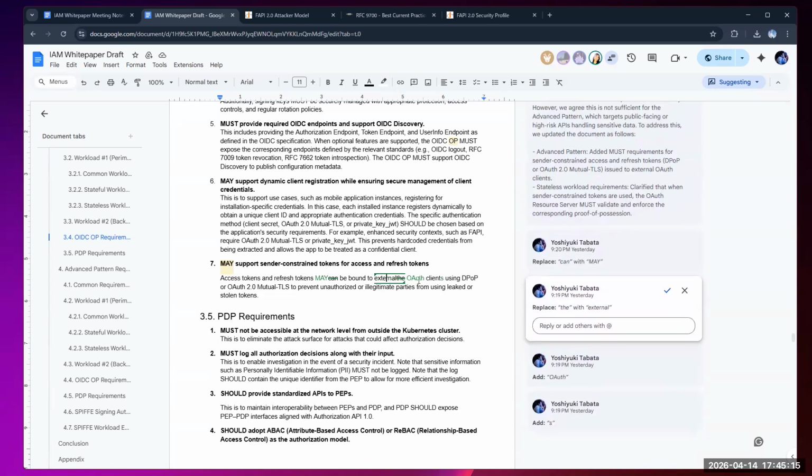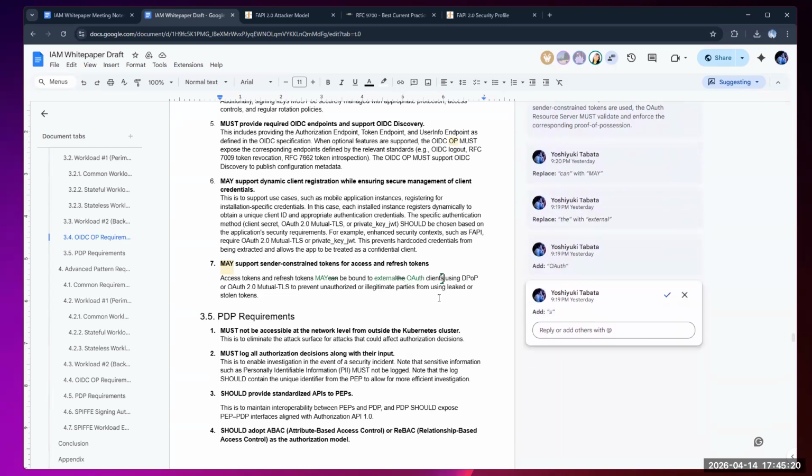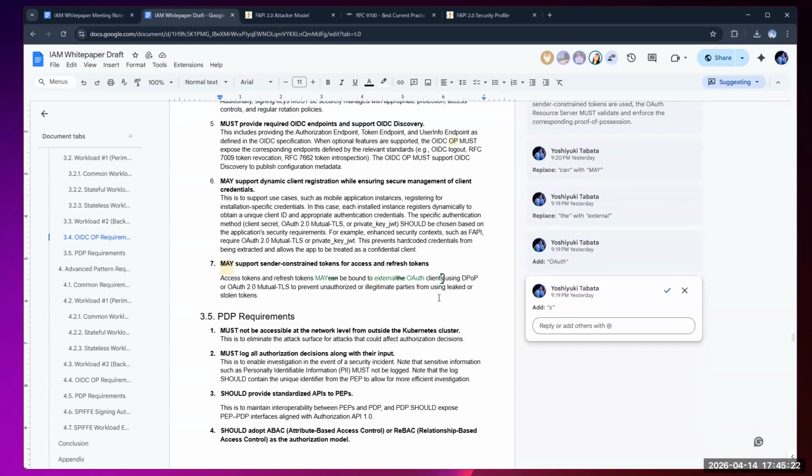So I'd like to limit the adoption to the external OAuth client. I think it's okay. Currently, in the static pattern, the access token is used in the same Kubernetes cluster.